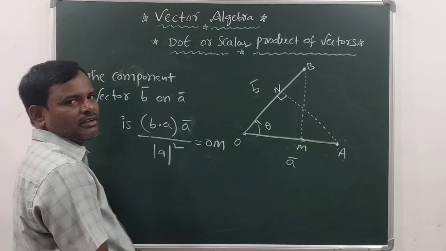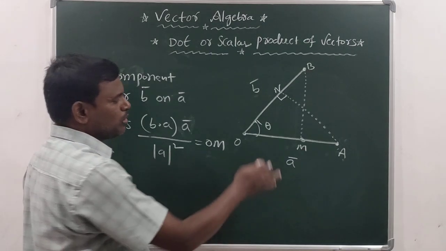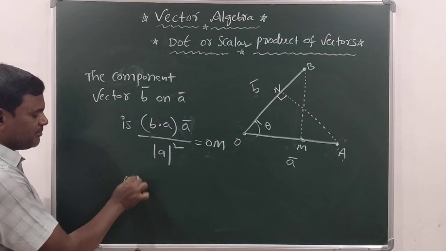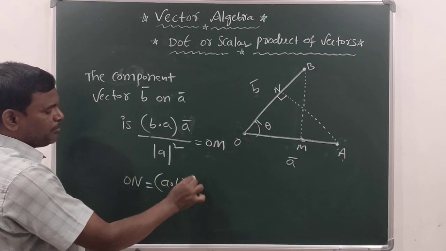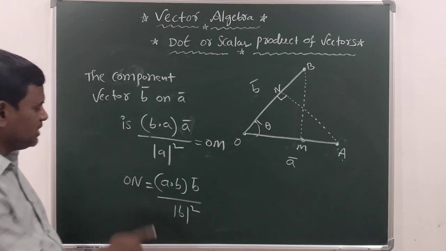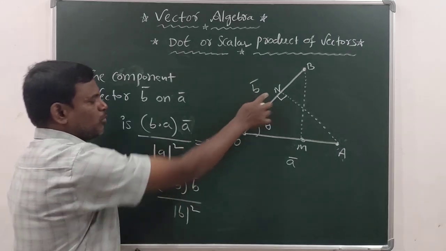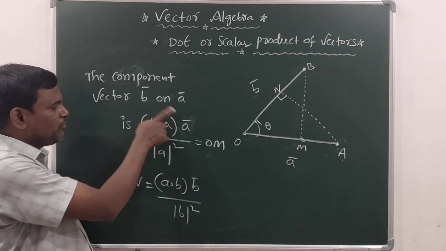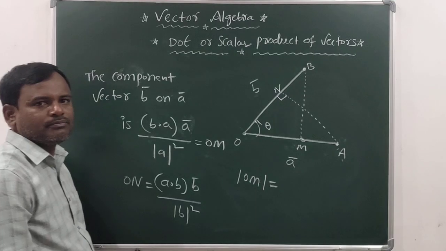In the same manner, the component vector or orthogonal projection of A on B, in that figure ON, is equal to A dot B vector by mod B whole square. What is this? Projection of A on OB, in the figure ON. Suppose you want the magnitude of OM.